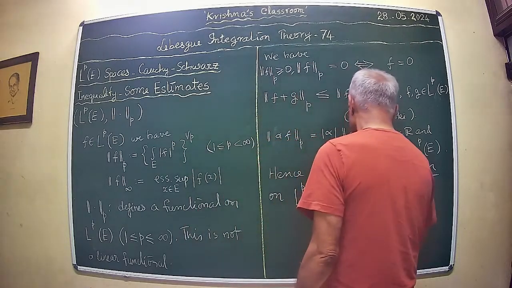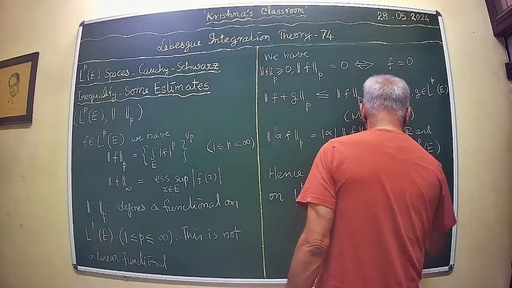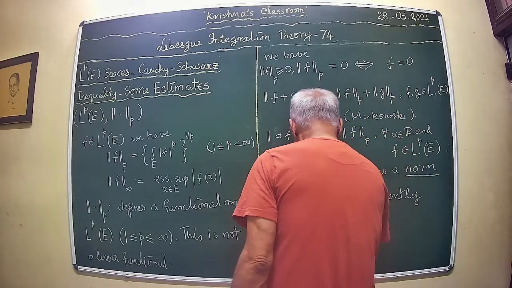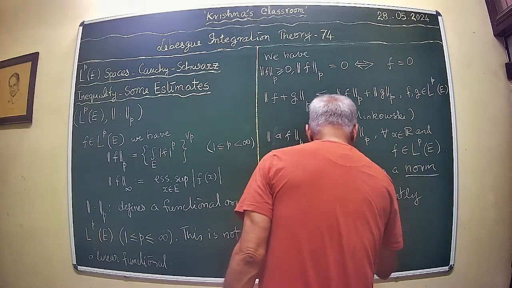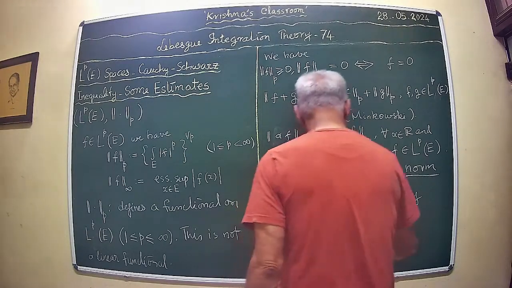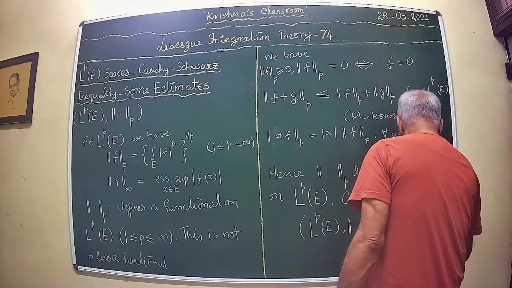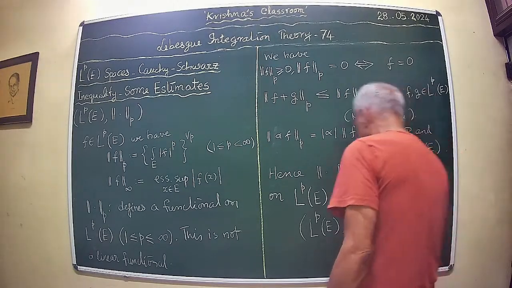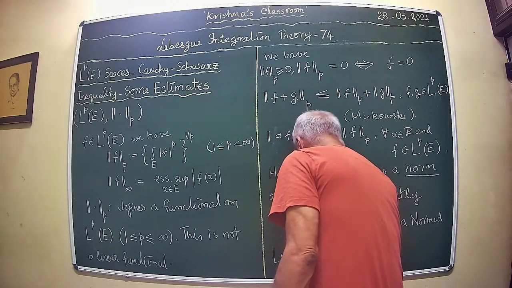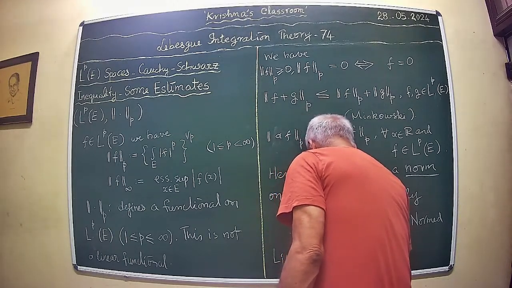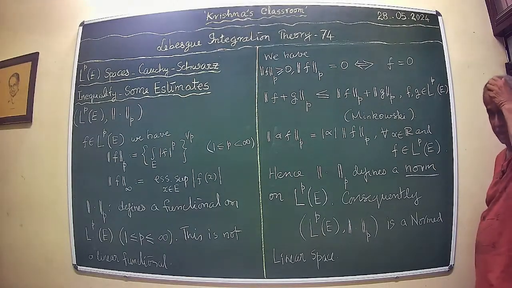Consequently, it is a normed space. That is a pre-Banach space.